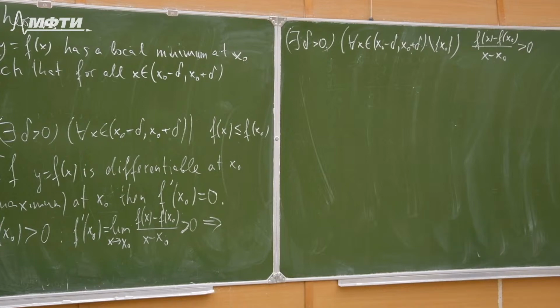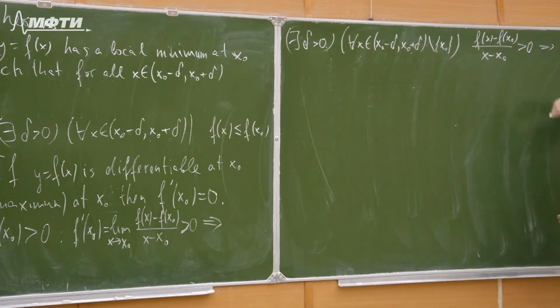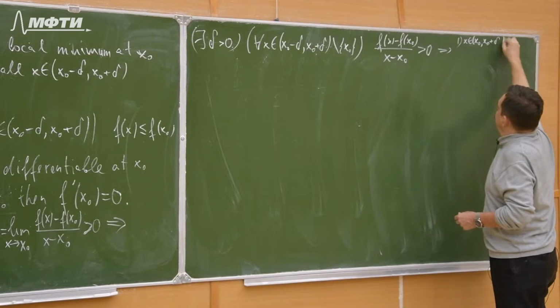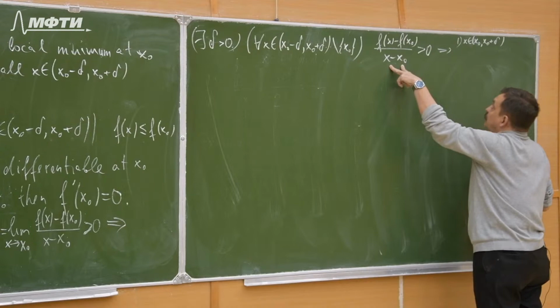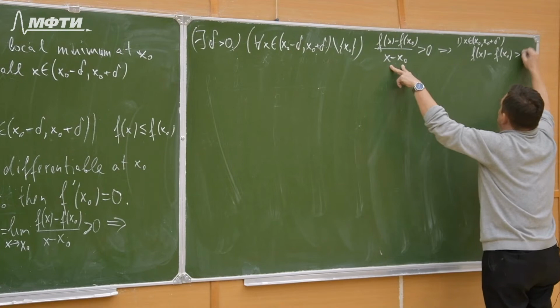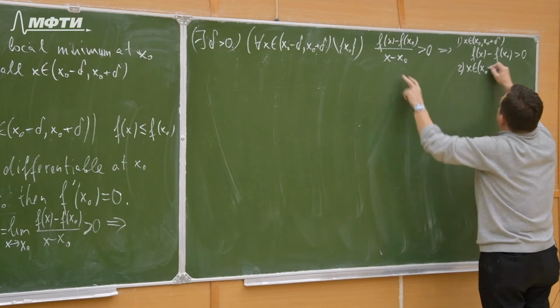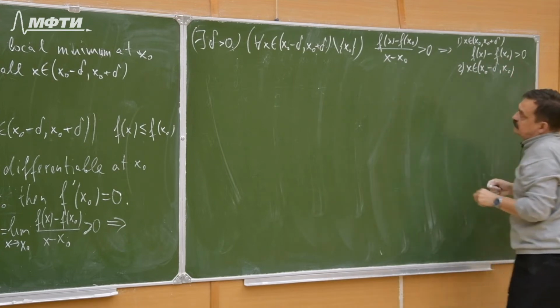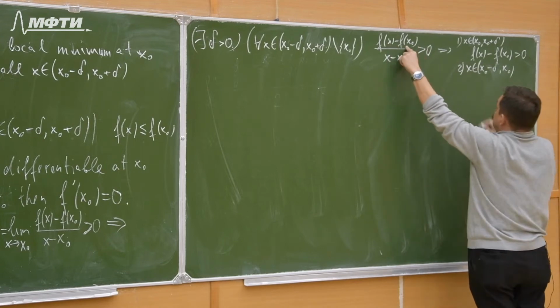And then what follows from here? First, for x greater than x naught, so x from x naught plus delta, x minus x naught is positive, hence f of x minus f of x naught is positive. And if x is from x naught minus delta up to x naught, then x minus x naught is negative, hence the numerator should be negative as well.